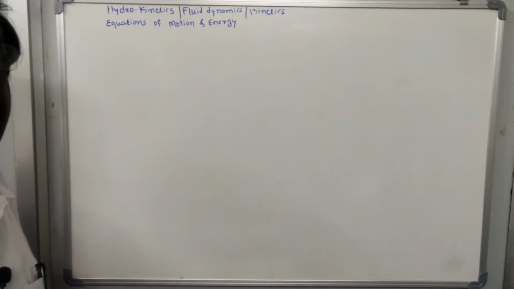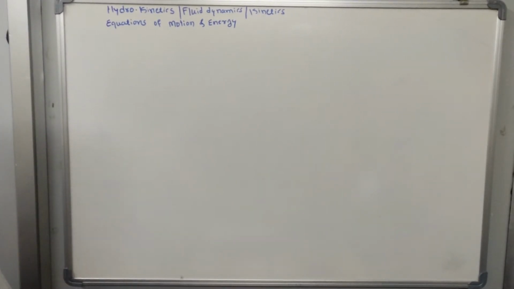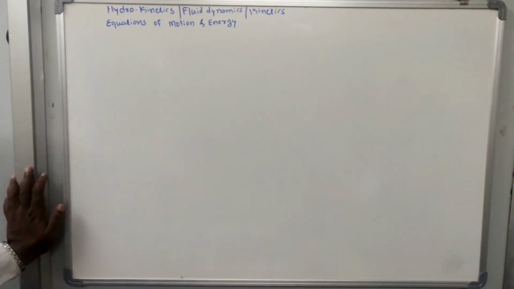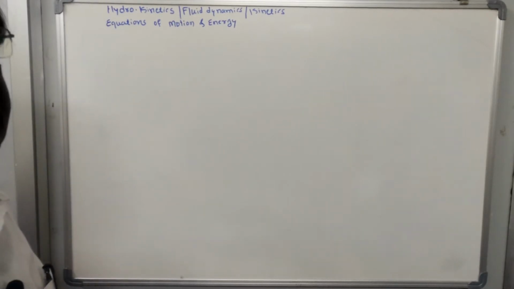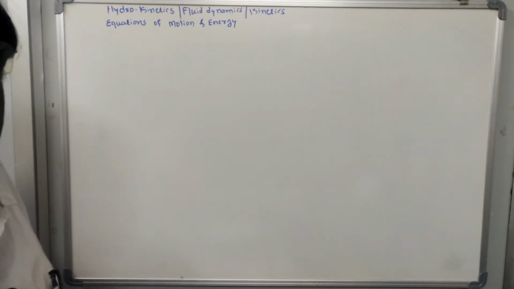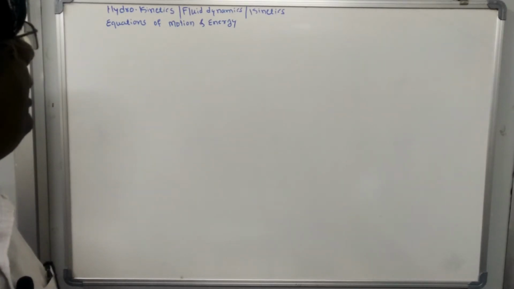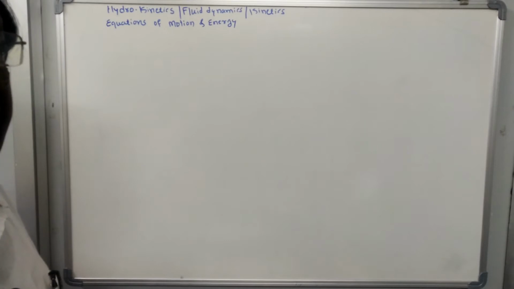There we calculated the velocity components, acceleration components, stream function, velocity potential function, continuity equation, three-dimensional to one-dimensional, etc. Now in this unit 3, hydrokinetics, considering the external force which is causing the motion, the study of that motion is called hydrokinetics or fluid dynamics.